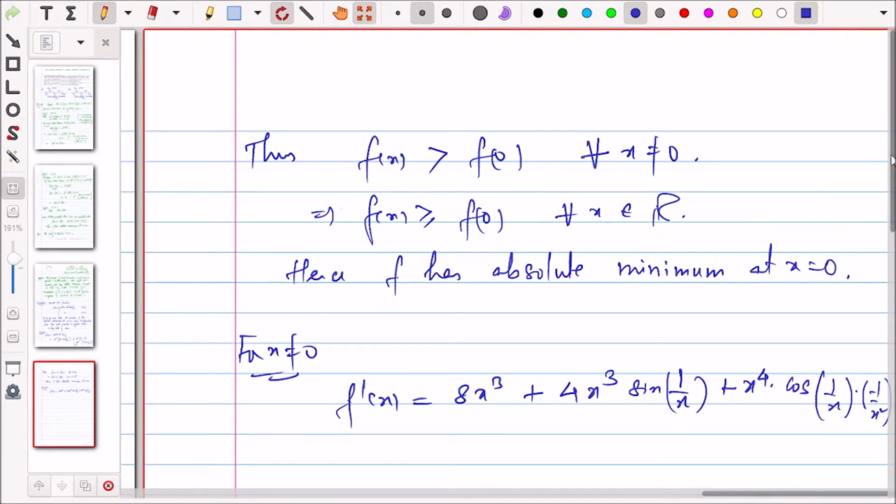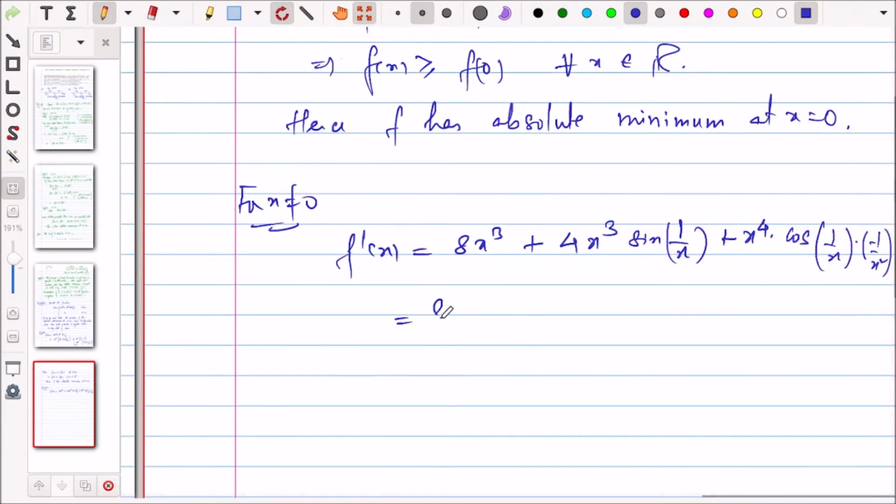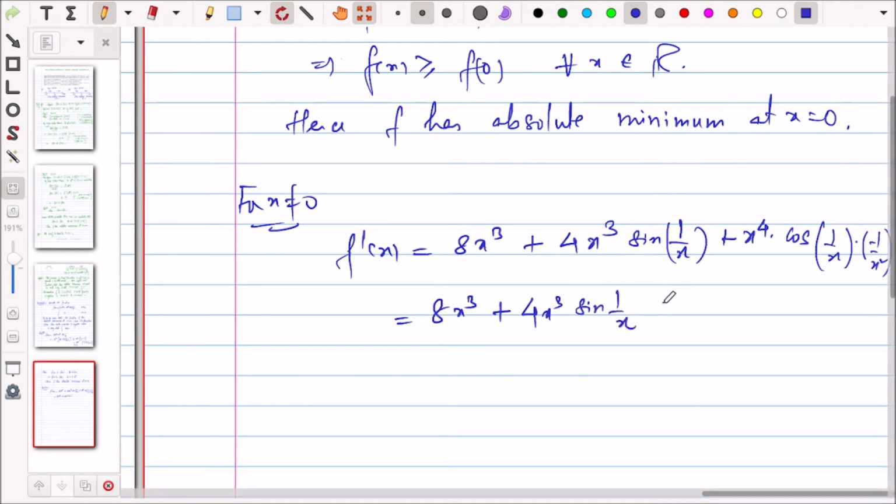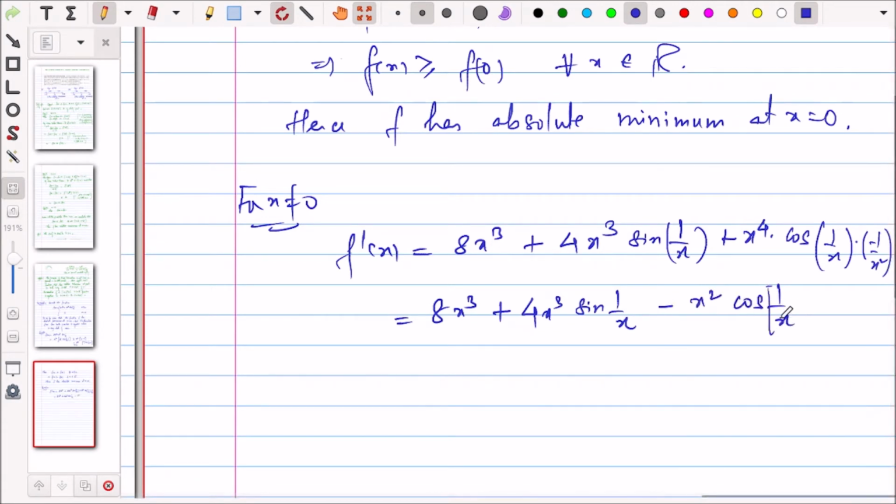So this is 8x cube plus 4x cube sine 1 by x minus x square cos 1 by x.